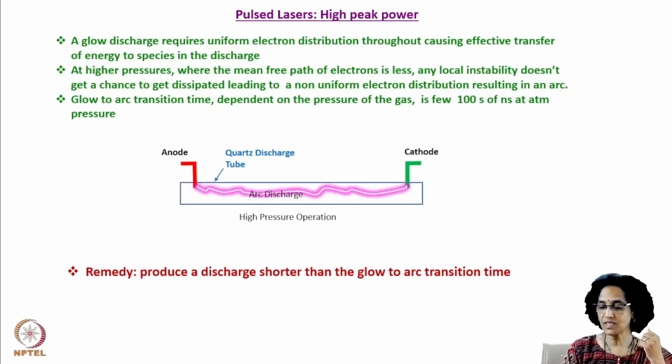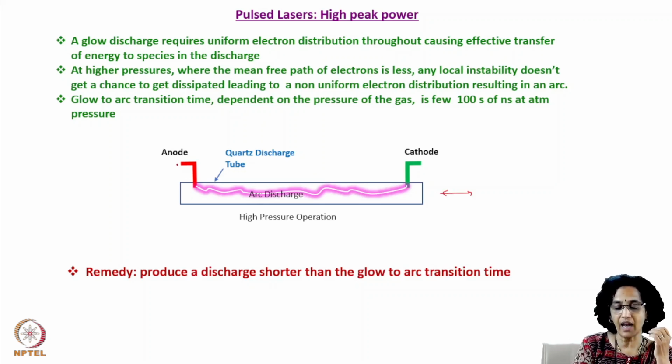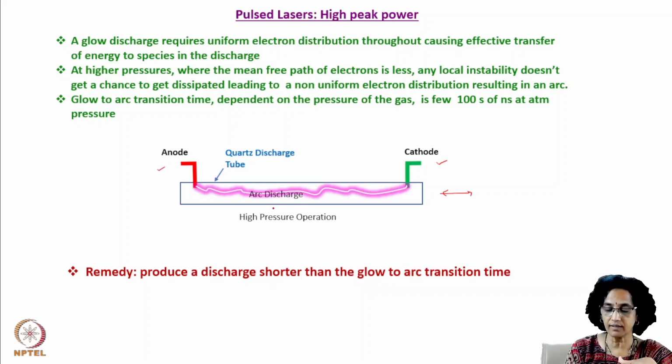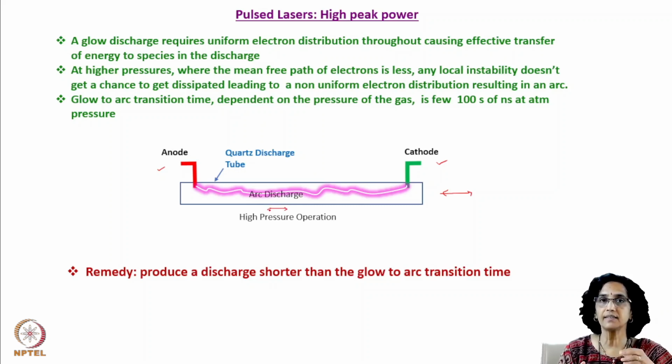See, this was our CW system where we had an anode at one end and a cathode at the other end, and we said that the stray electrons in the gaseous medium get energized and create further more electrons, and these electrons create even more electrons. An avalanche of electrons is created, and this gives rise to a glow discharge between the two electrodes. Now, what do we mean by glow discharge?